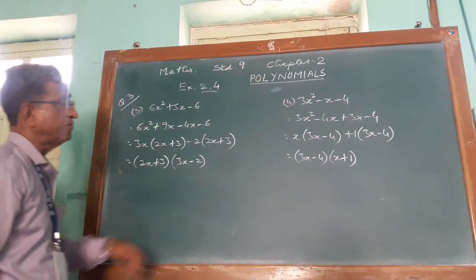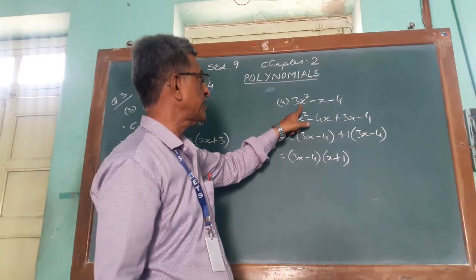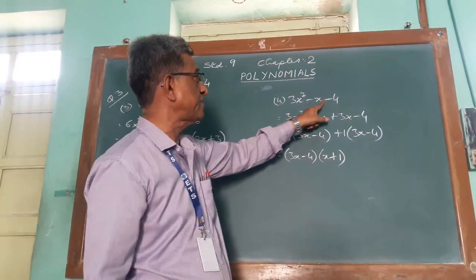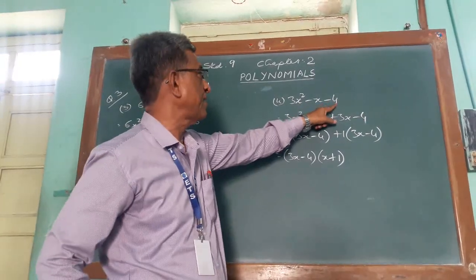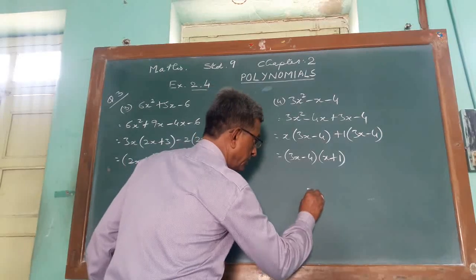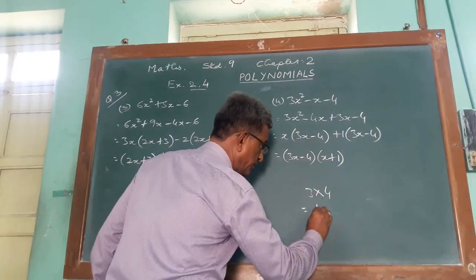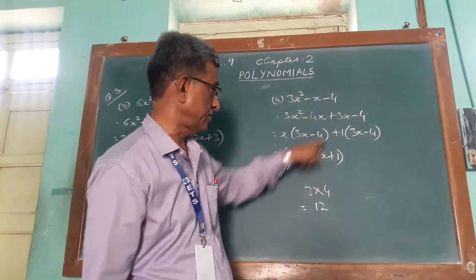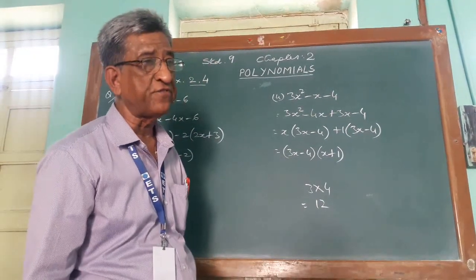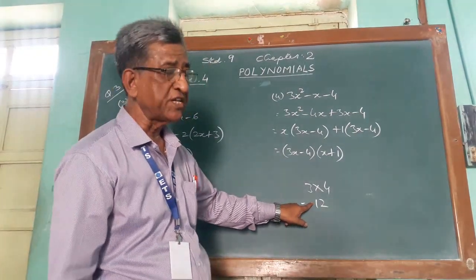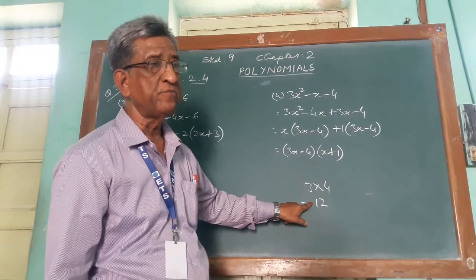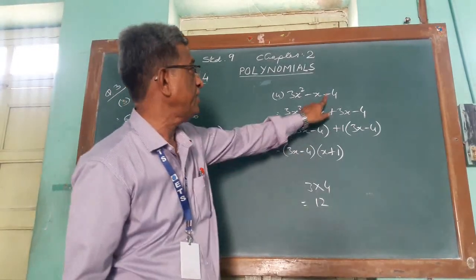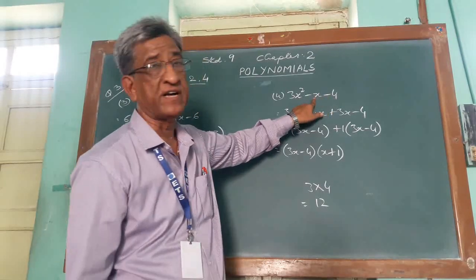In the same way, the fourth sum, 3x square minus x minus 4. Multiply 4 and 3. 3 multiplied by 4 gives you 12. Now find the factors of 12 such that if you multiply them, you must get 12, and if you subtract, you must get 1.